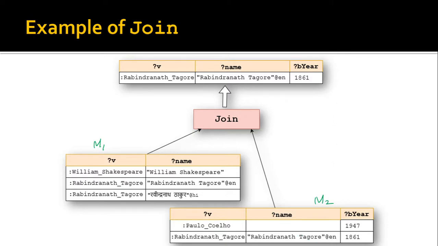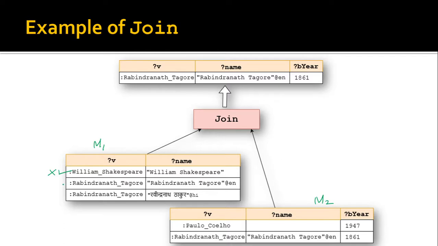So what would be the result of evaluation of join? First you look at the compatible solutions. Let us look at this solution, William Shakespeare and William Shakespeare. Is it compatible? Let us try to find whether you have the value for V, and we look for a solution in M2 which has William Shakespeare for V and William Shakespeare string for name. We do not have any, so this is not compatible, and it will not come in the result of join.